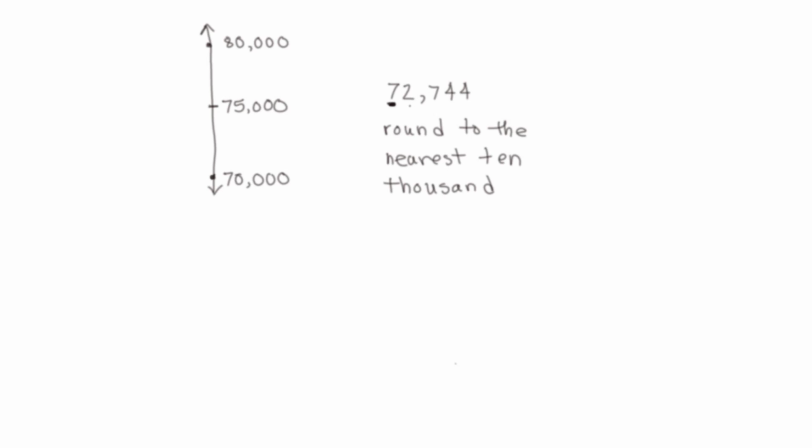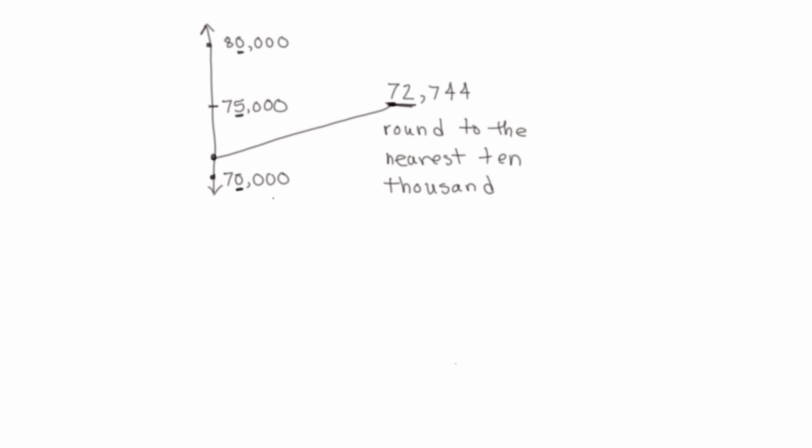And if we look at the next digit, we see this is 2,000. So we have 70,000, 75,000, 80,000. So 72,000 would fall between 70,000 and 75,000.